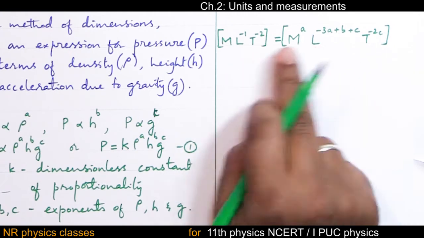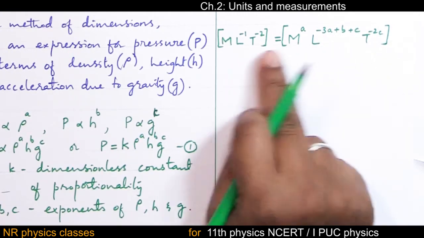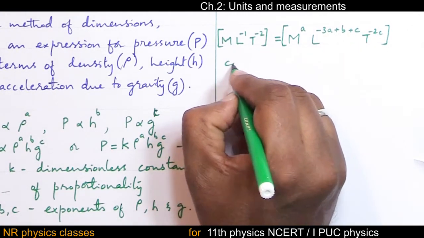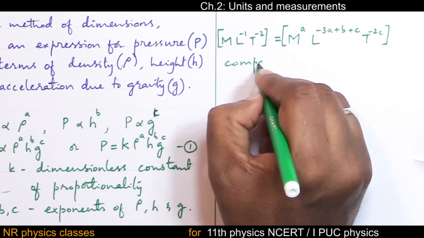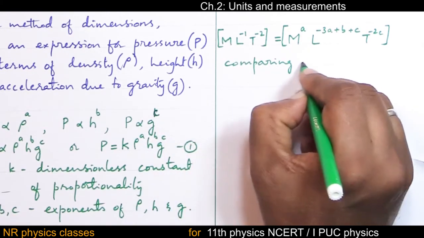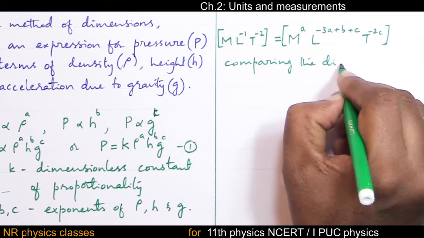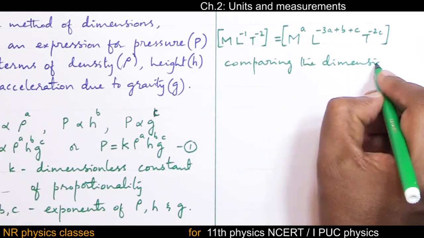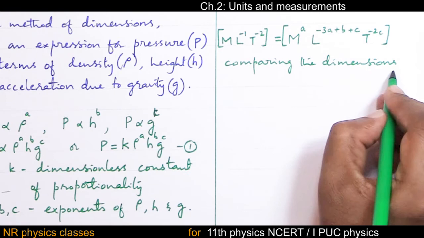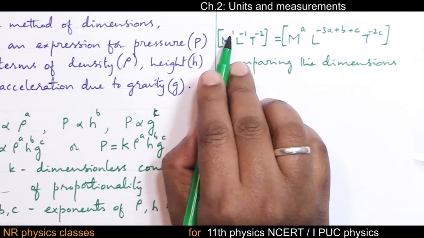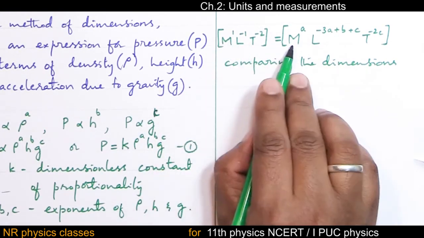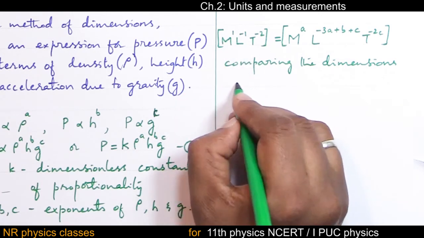So let us compare the dimensions of corresponding quantities. Comparing the dimensions, A equal to 1, because M power A, M power 1.